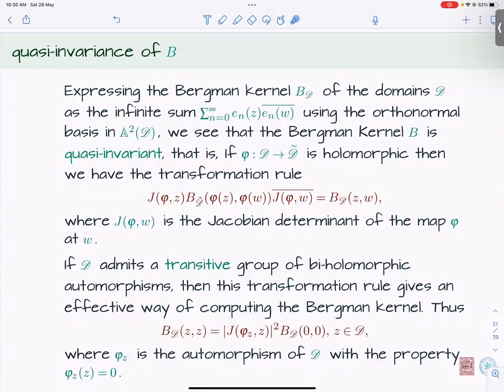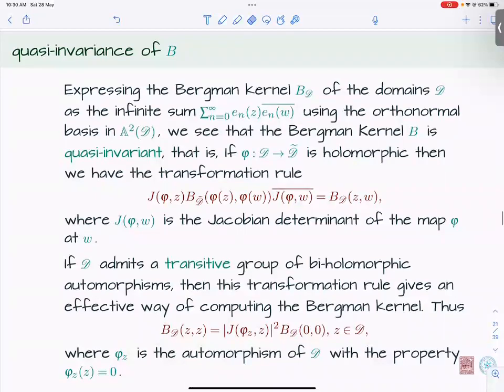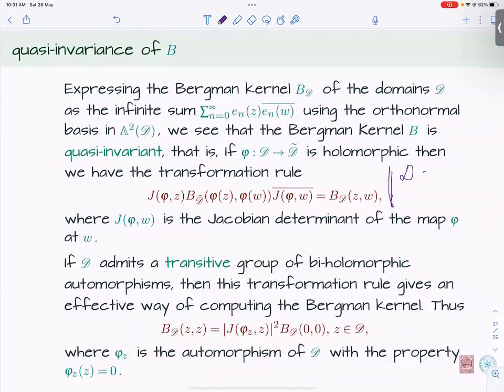Then if you go back to this transformation rule, here D is equal to D tilde, and you are finding a phi_z such that phi_z of z is equal to 0.